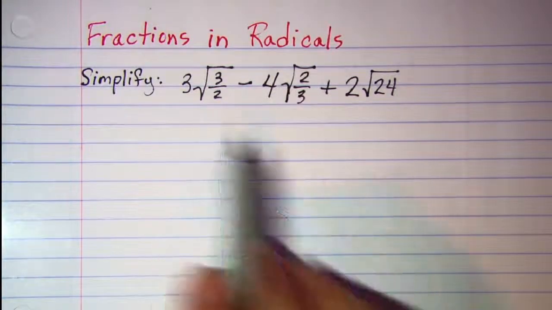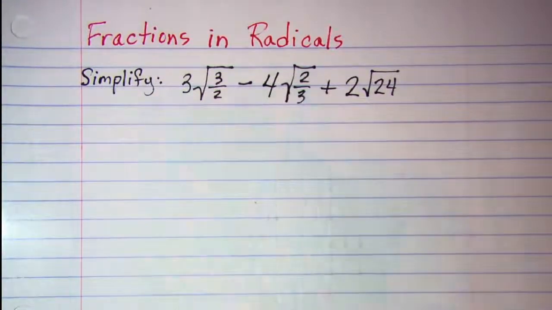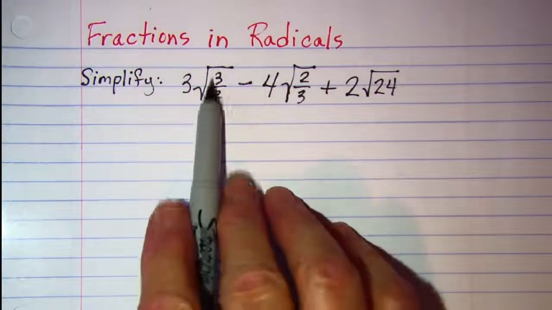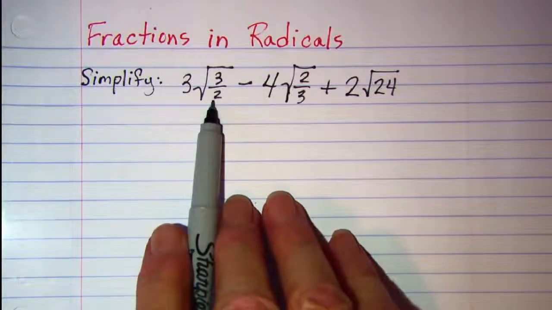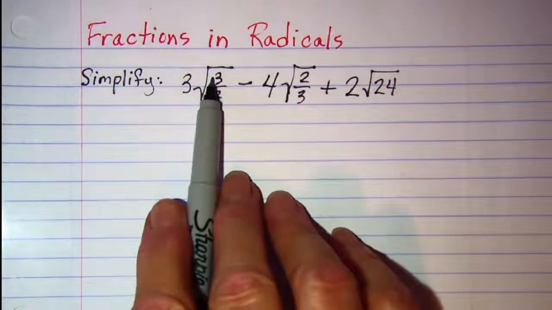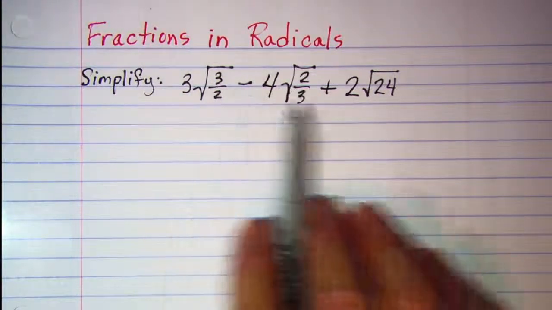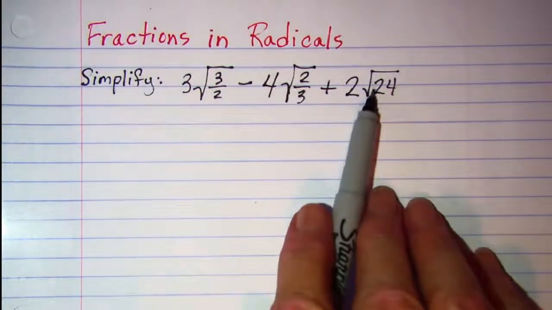So I'm going to rewrite these terms so that we have a specific numerator and a specific denominator. I can split this square root of the fraction into the square root of the numerator divided by the square root of the denominator. And then I'm also going to simplify here.